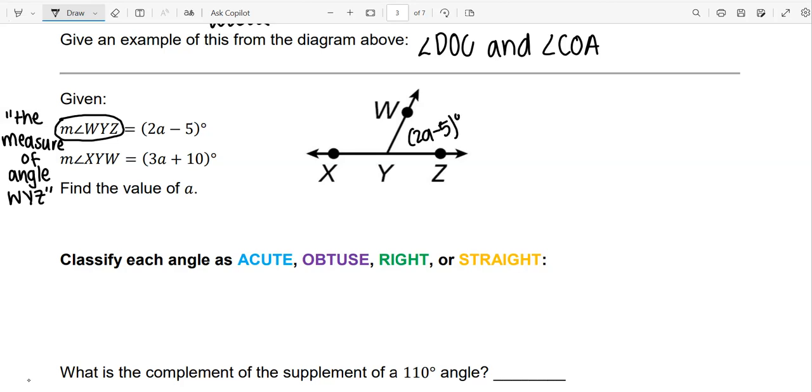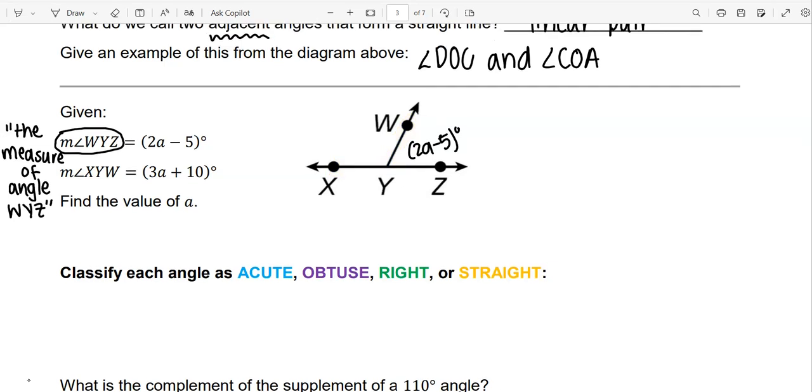I'm going to tuck that in there so that I can see it in the picture. The measurement of angle XYW, if we go from X to Y to W, that's our right side angle, is 3A plus 10 degrees.